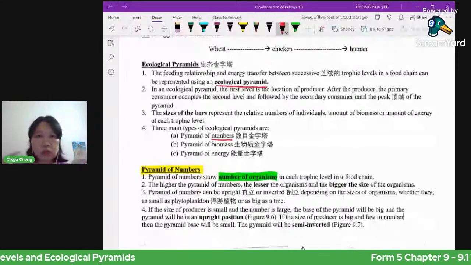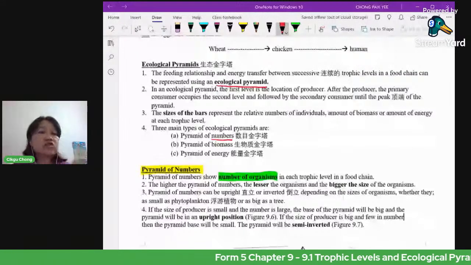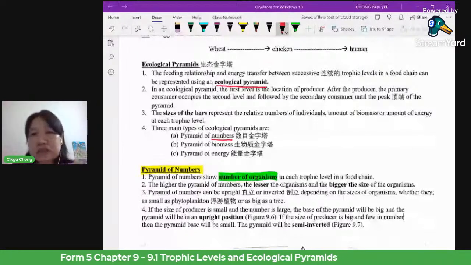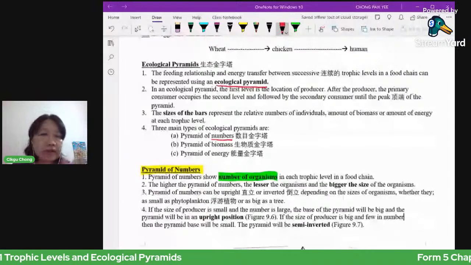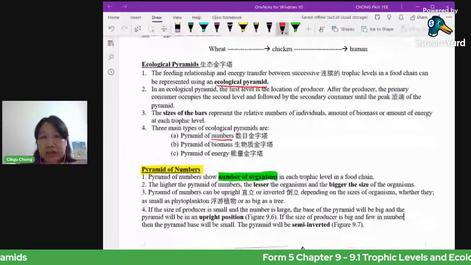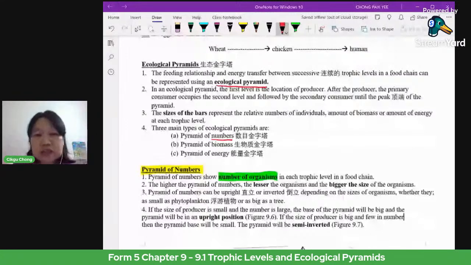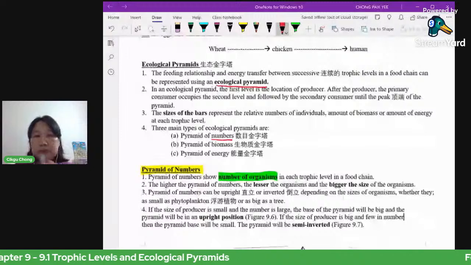If you want to get the biomass, you have to take the dry weight. The dry weight means that the organism must be dehydrated. It ends up killing the organism if you want to take the biomass. Okay, but never mind about that. Now, the third one is the pyramid of energy. So you have 3 ways to draw your pyramid: numbers, biomass or energy.